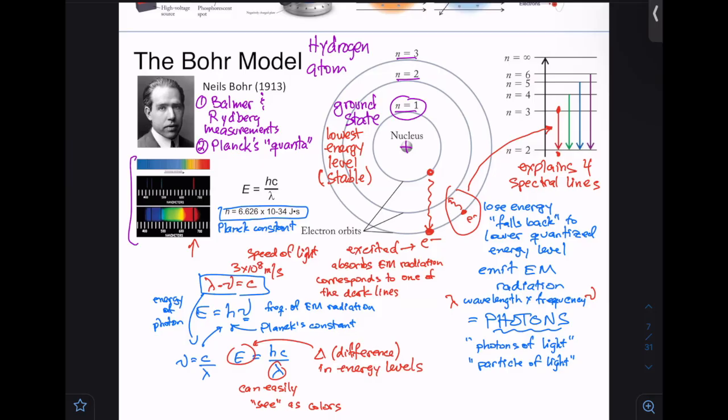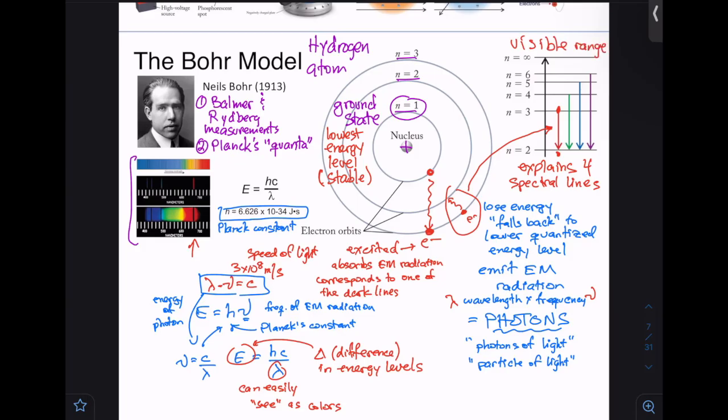But that's just 4 transitions. What about 6 going to 5, or 5 going to 4, or 5 going to 2? There's all sorts of combinations. It's not just these 4, but these are the only 4 that give off electromagnetic radiation in the visible spectrum range. In other words, the only 4 that we can see with our own eyes, until we came up with ultraviolet detectors and infrared detectors.